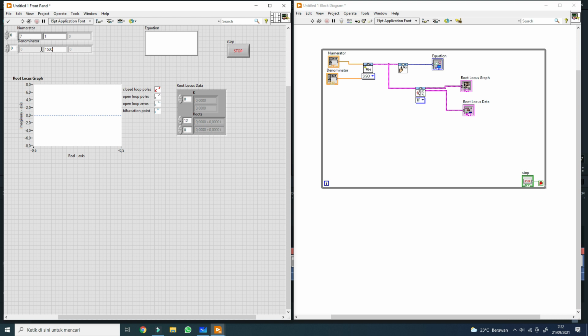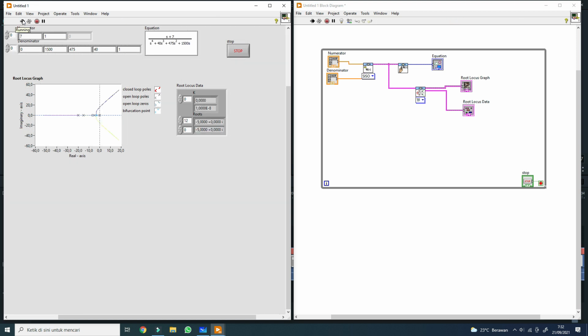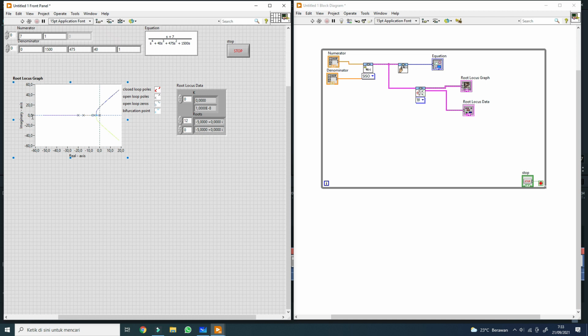In here we use s plus 7 over s to the power of 4 plus 4s cubed plus 475s squared plus 1500s. Then let's run this, and the graph will give the information of the root position, whether it's in the real part or in the imaginary part.